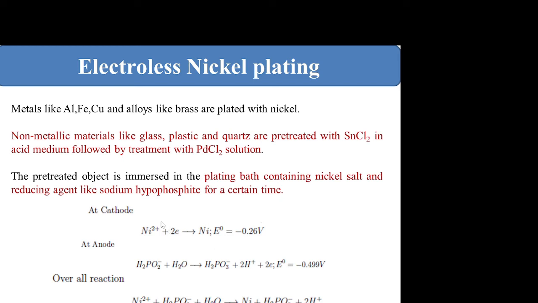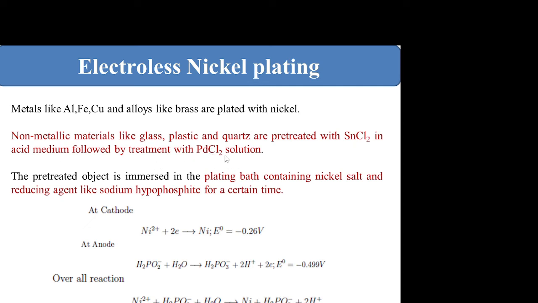Metals like iron, aluminum, copper, and alloys like brass can be coated with nickel. Non-metallic materials like glass, plastic, quartz, etc. can also be coated with nickel. In the case of non-metallic materials, first we have to coat with palladium using stannous chloride and palladium chloride in acid medium.